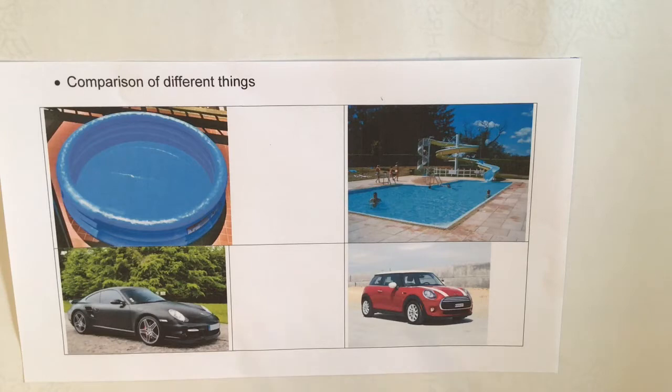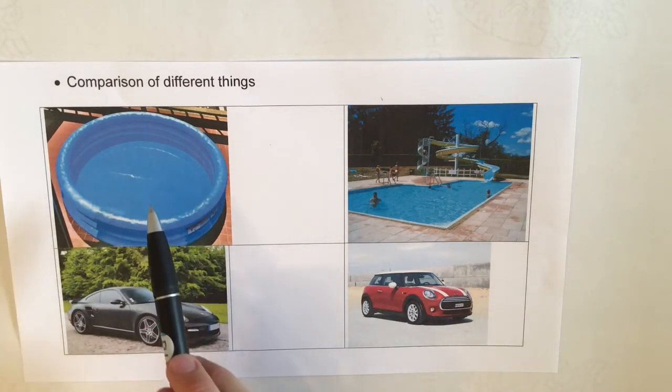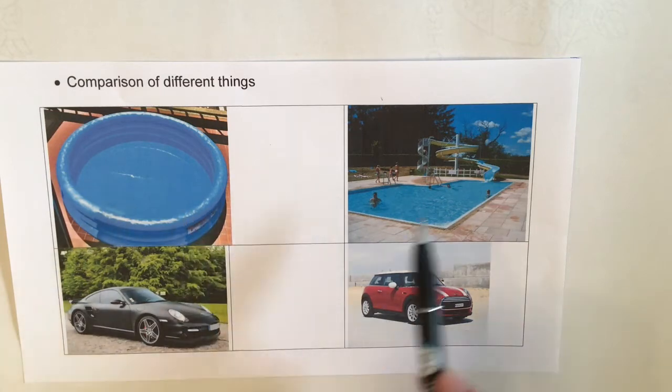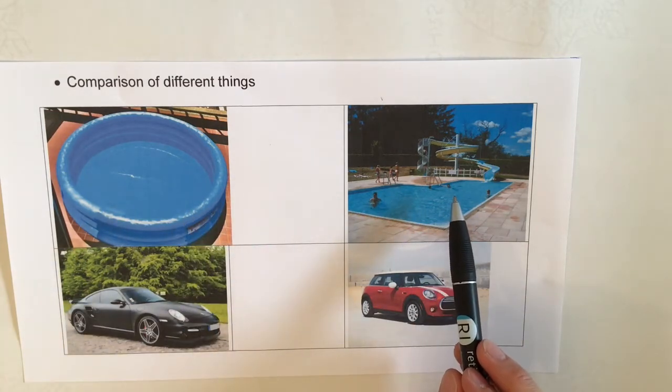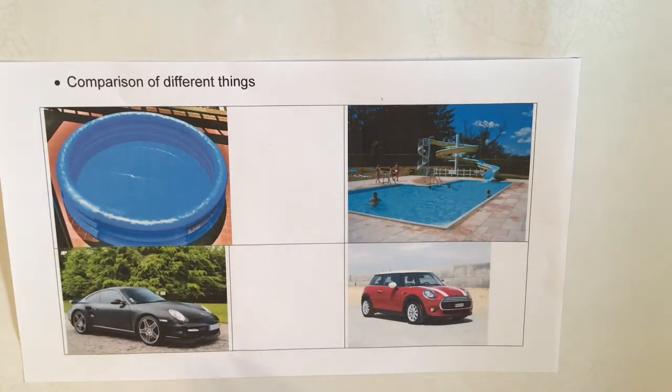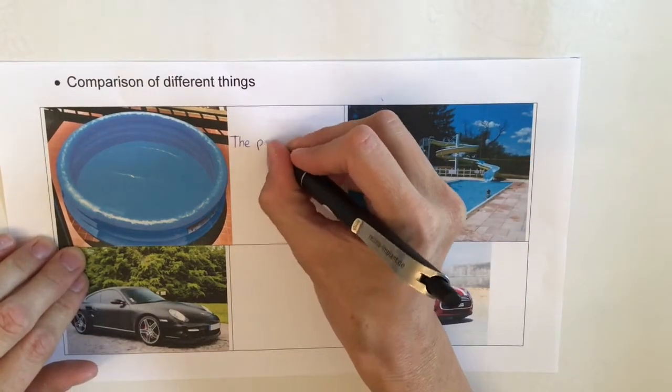You can also compare different things. The pool on the left is not as big as the pool on the right. Or this Porsche is faster than the Mini Cooper.